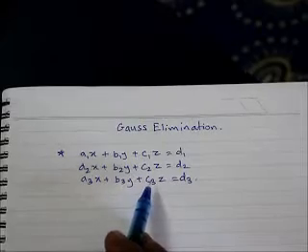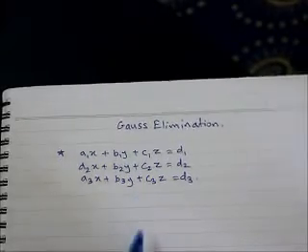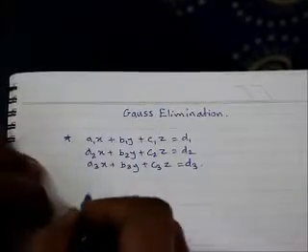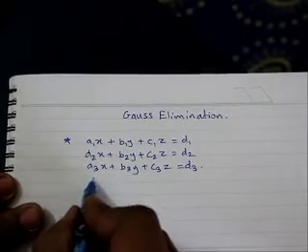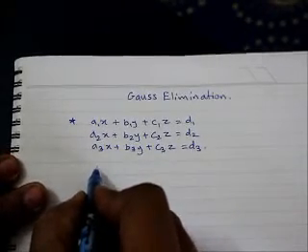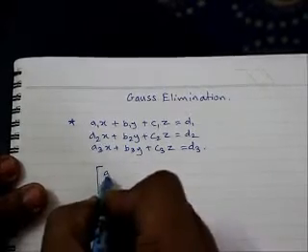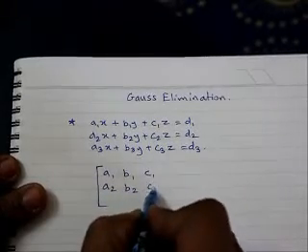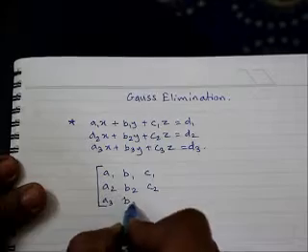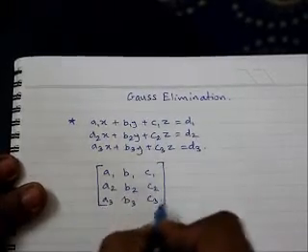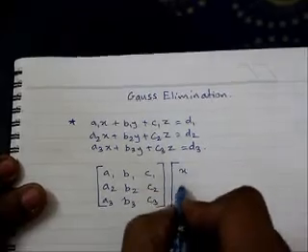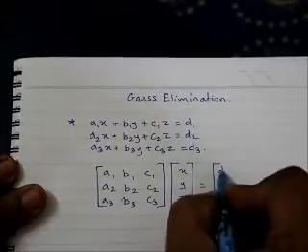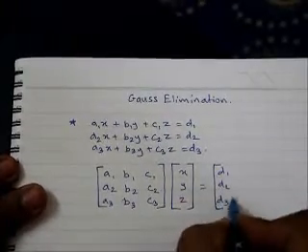So these are simple linear algebraic equations. How do we solve these? The first method is Gauss elimination. In this, we express the 3 equations given to us in the format like this: a1 b1 c1, a2 b2 c2, a3 b3 c3, multiplied by x y z, is equal to d1 d2 d3.